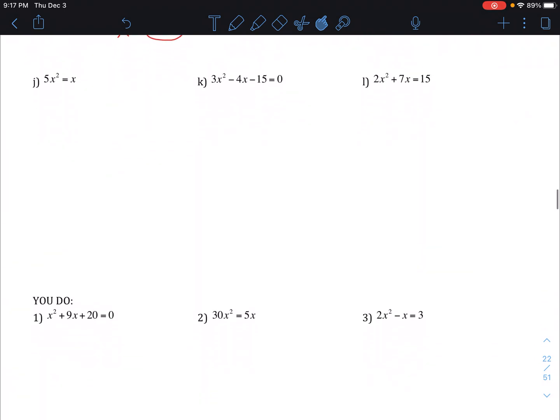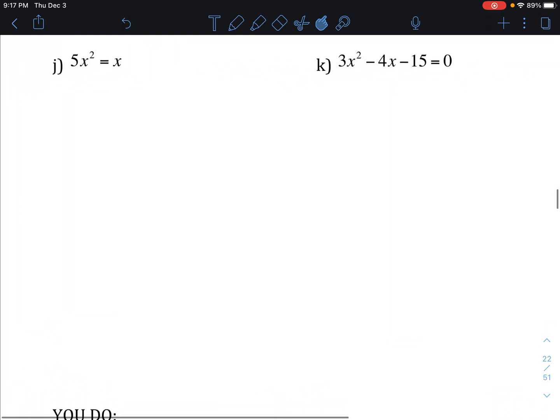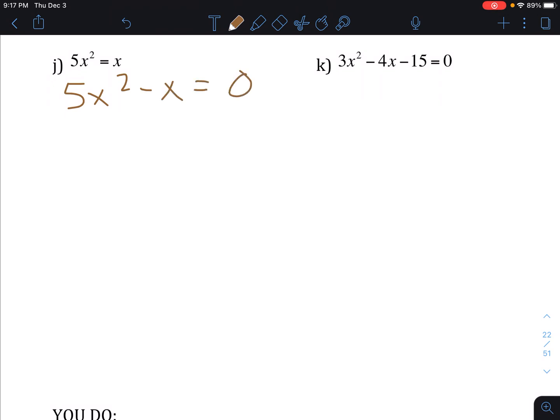All right, got a few more. This is just some extra practice right now. Letter J, got to set it equal to 0, so we're going to subtract x. Do I have a GCF? Yes, x.